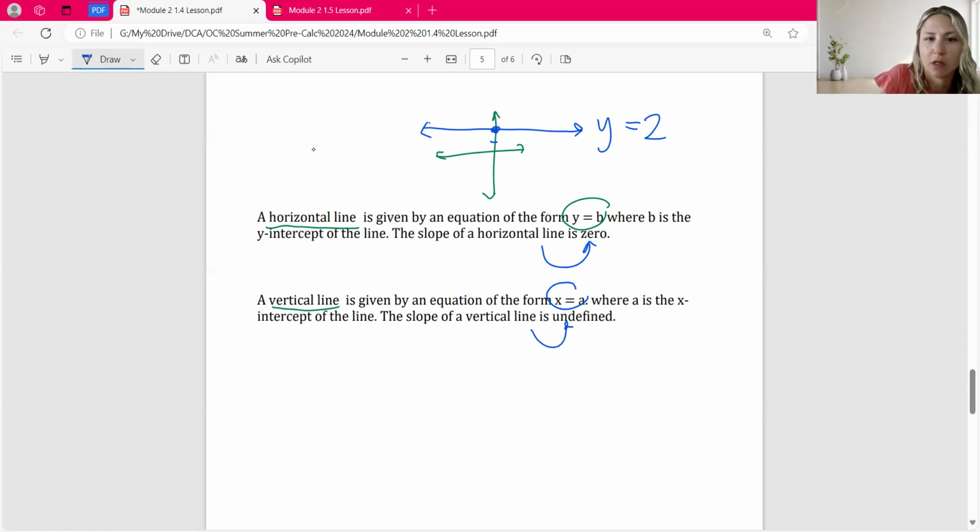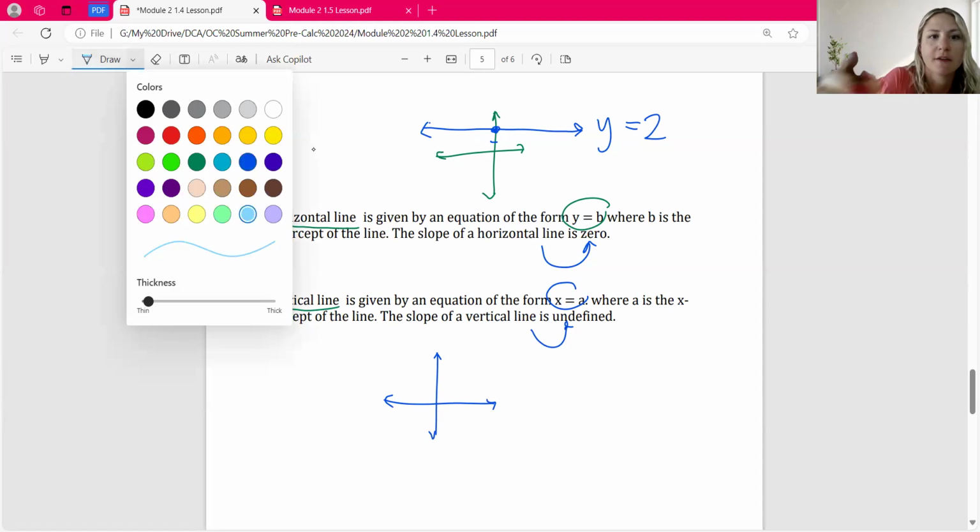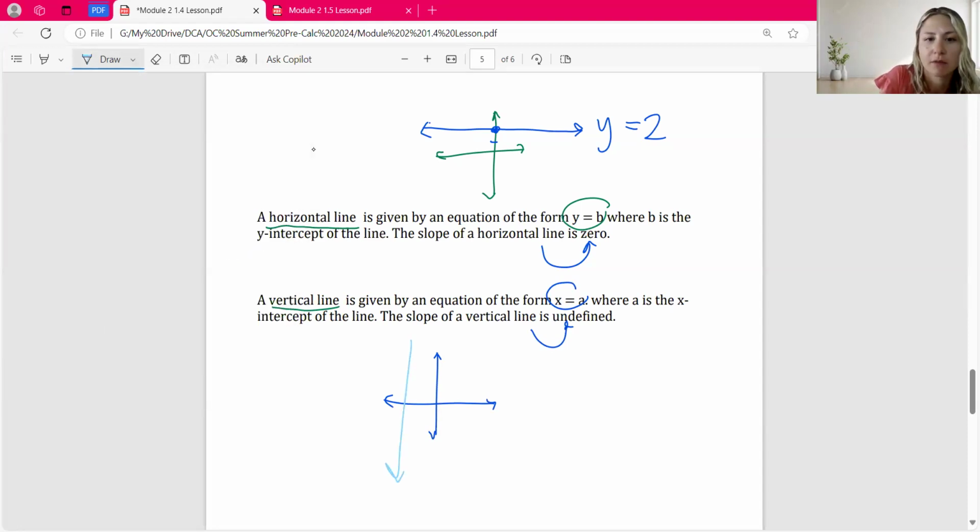So again, let's draw a coordinate plane here to get a visual. If I draw a vertical line, okay, it's a little slanted, pretend it's vertical, it intersects at an x value. So that's why the equation is its x-intercept. So let's say the equation of this line is x equals -3.